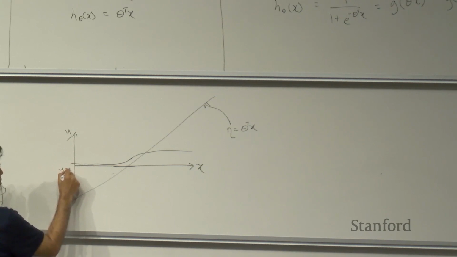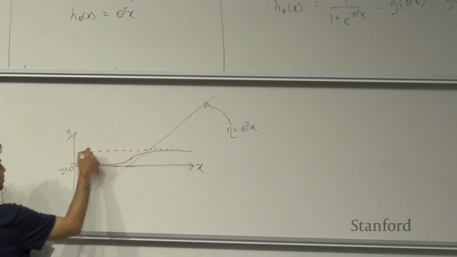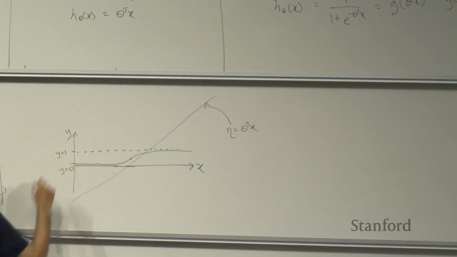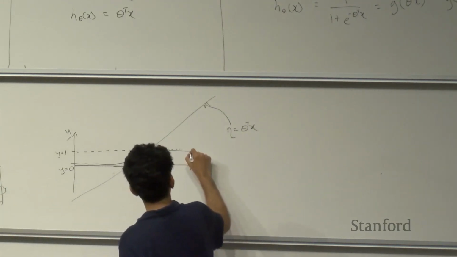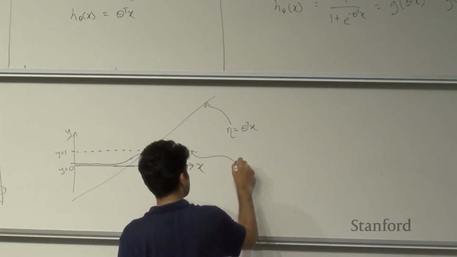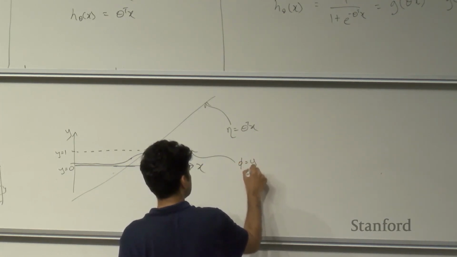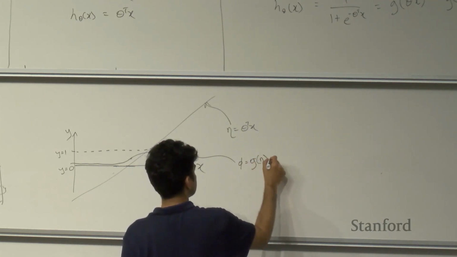This is y equals 0 and y equals 1. So for logistic regression again, this is phi equals g of eta.